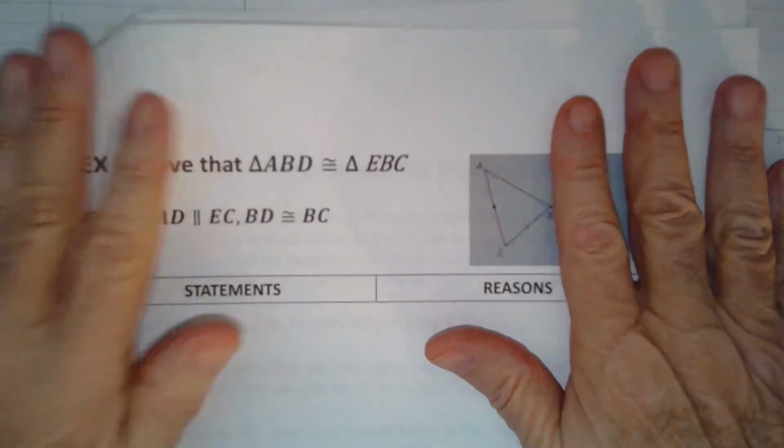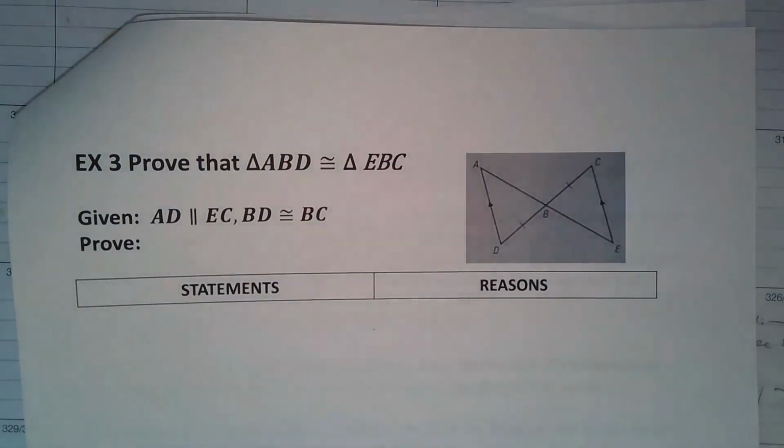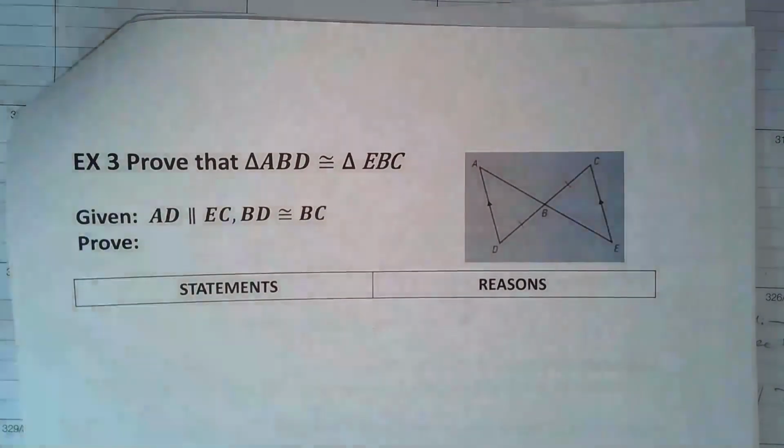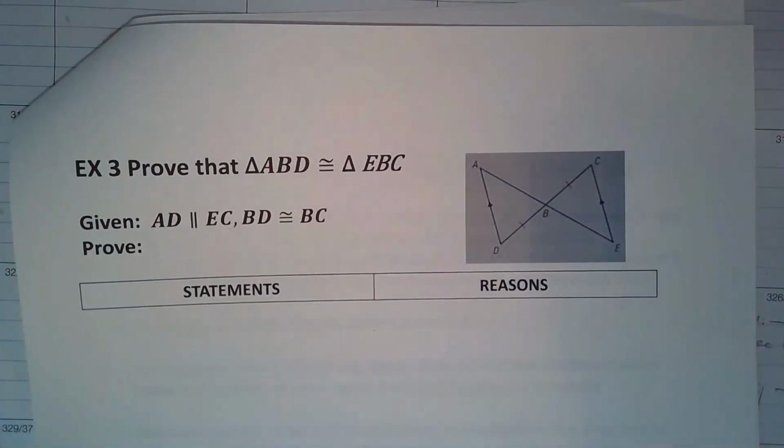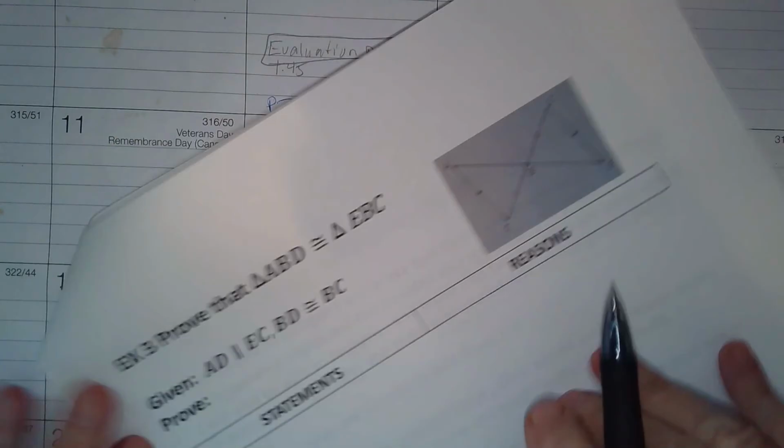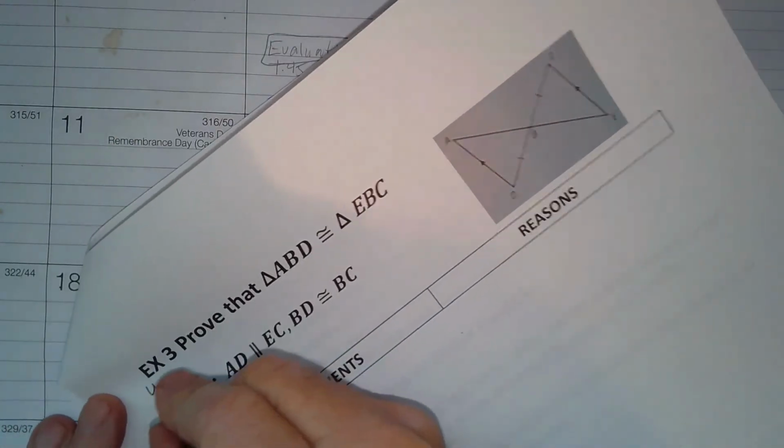And this is going to go fairly quickly because this is a two-column proof. And two-column proofs, just for some reason or other, they just flow nicely. I don't know why. But, okay, so you're going to prove using a two-column proof.